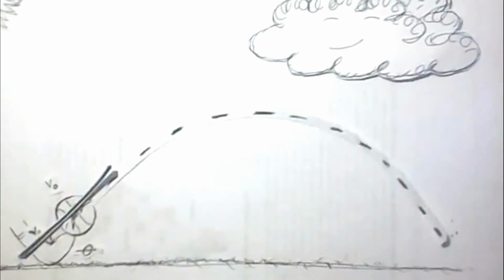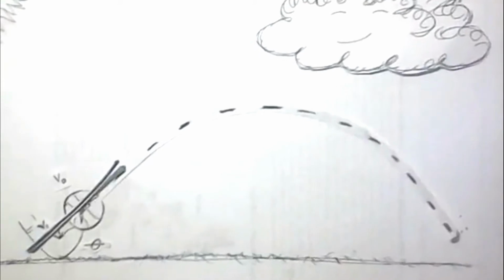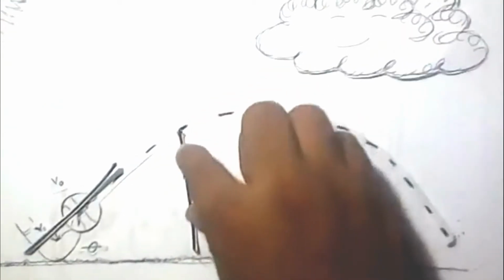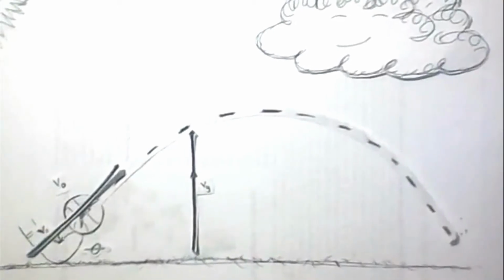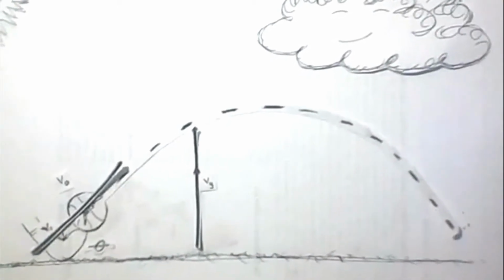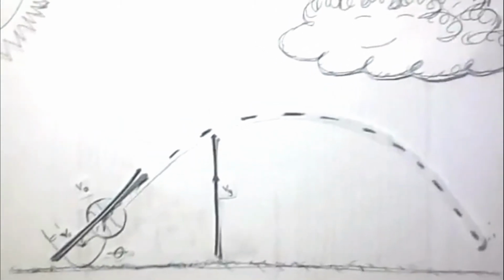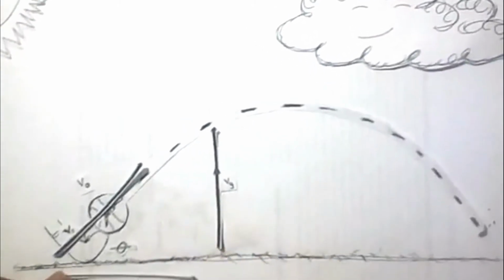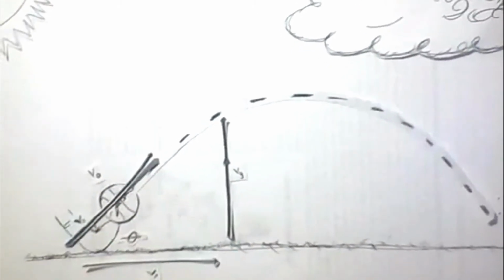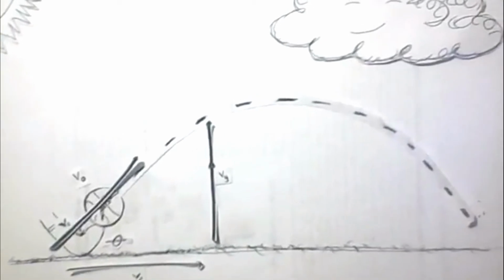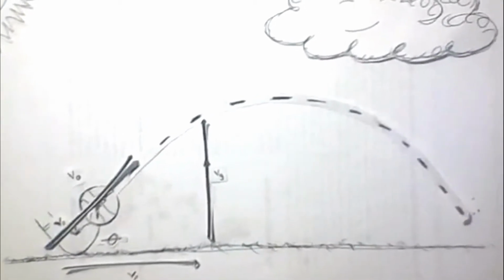But actually the ball is moving in 2 dimensions because it has its upward velocity, which is Vy. You see that it's moving upward. And if you try to trace the shadow of the ball, it will cast a shadow on the x-axis and have its velocity along the x-axis, meaning to say there is also a movement in the x-axis.